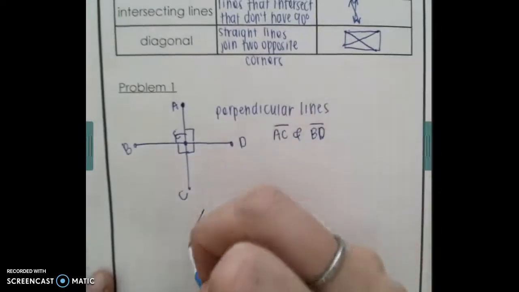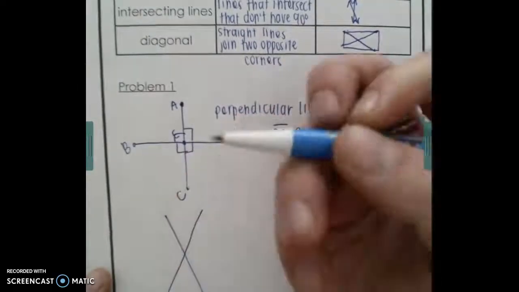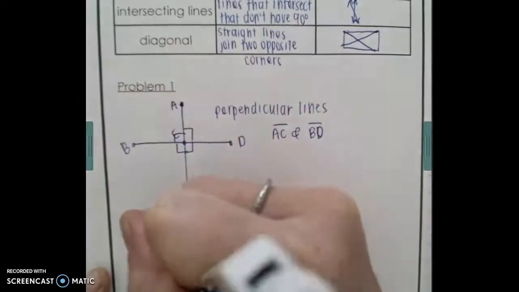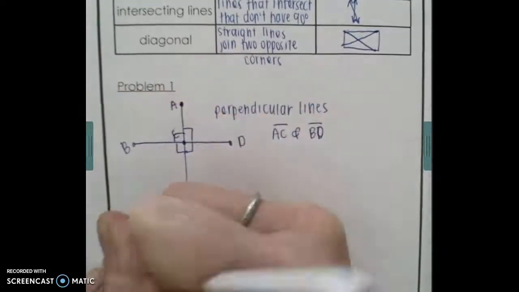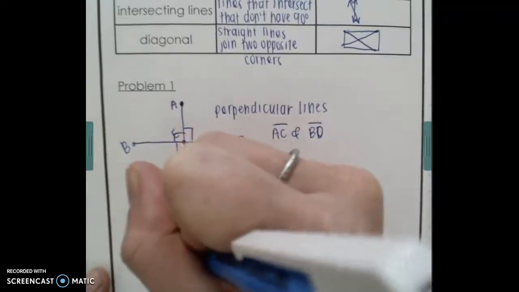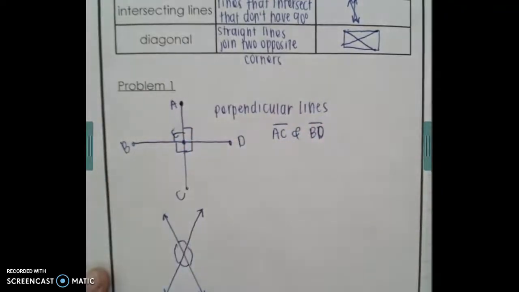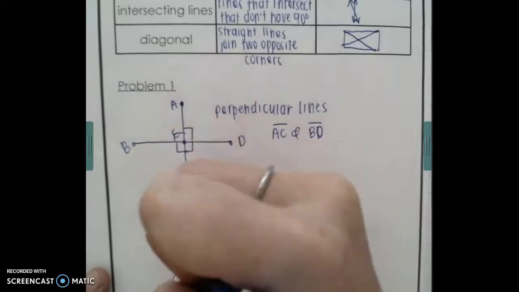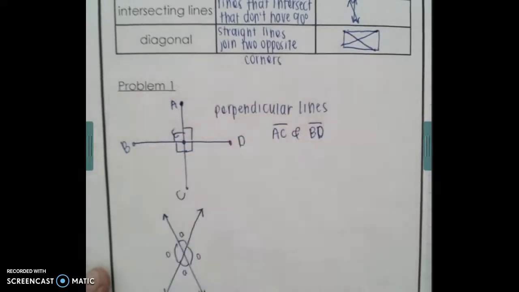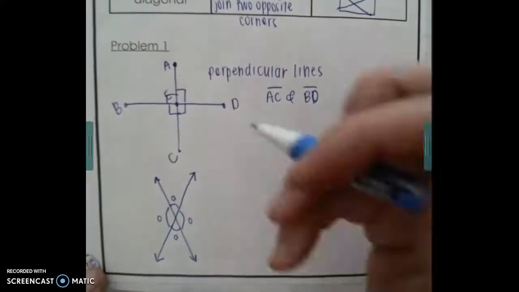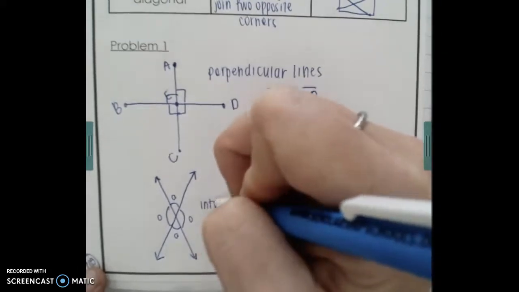So I'm going to draw a very narrow X. And we can see right here, none of my angles are making that L of 90 degrees. So instead I get an acute angle, obtuse angle, obtuse angle. So these are going to be just intersecting lines.